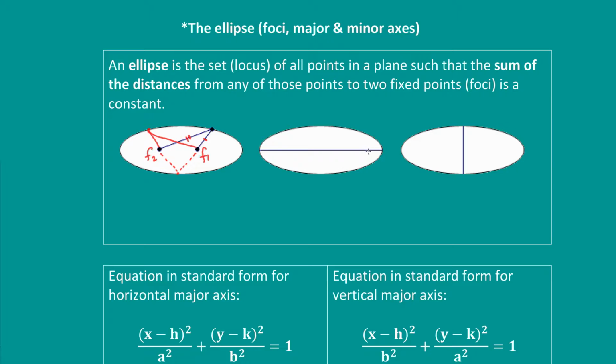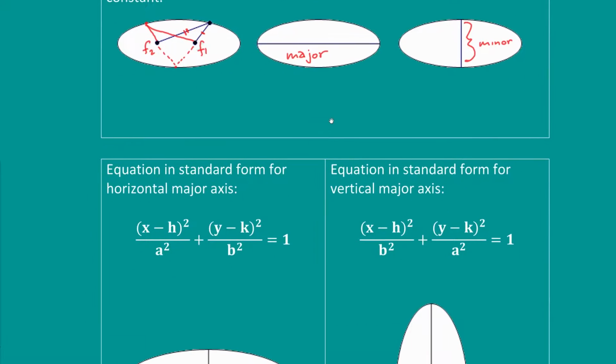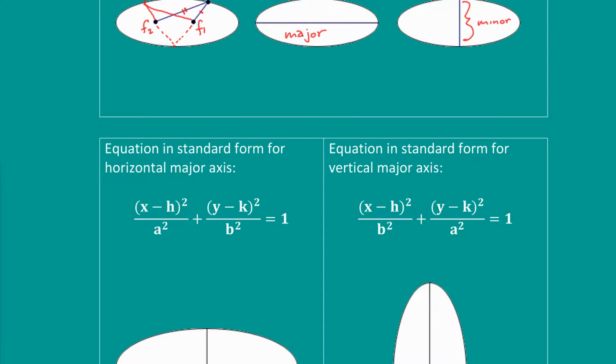We're going to define these 2 axes: the long axis is going to be our major axis, and this tiny axis right here is going to be our minor axis. So the formula itself is very, very similar to our circle formula.